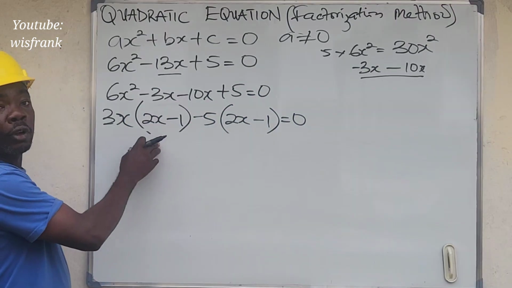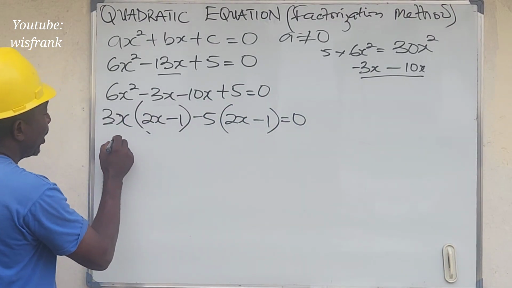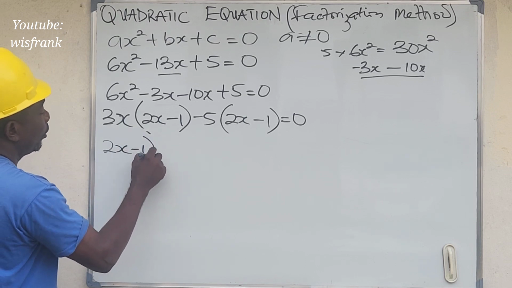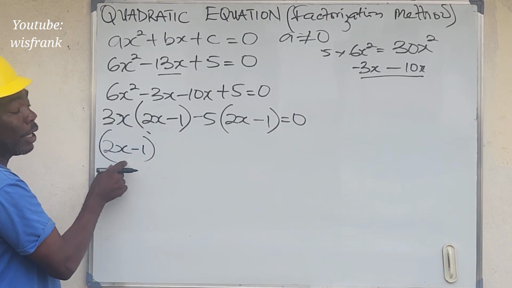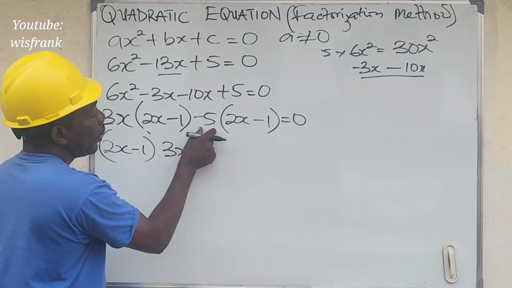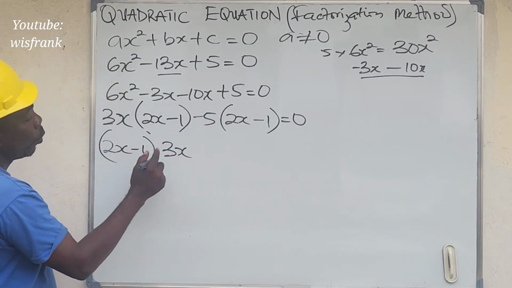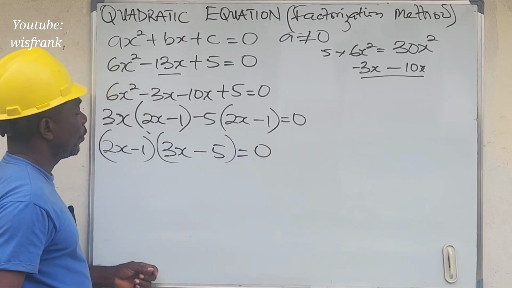From here, if you look at these two parentheses, they are common, so we can use that to factor it out. So we have 2x minus 1. Then dividing the whole of this by 2x minus 1 will give us 3x, and dividing the other part will give us minus 5. So this is what we have, all equals 0.